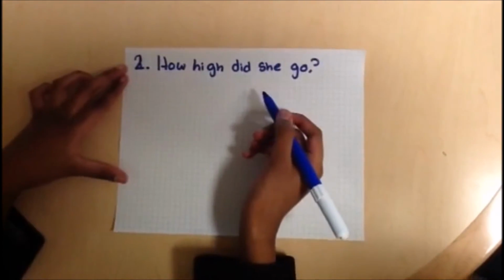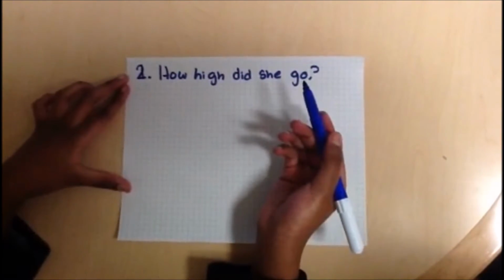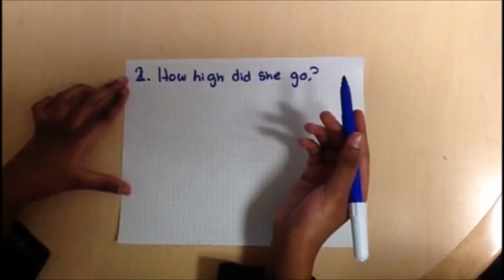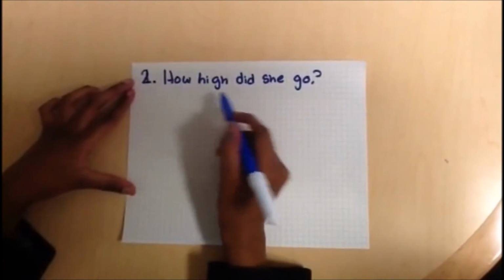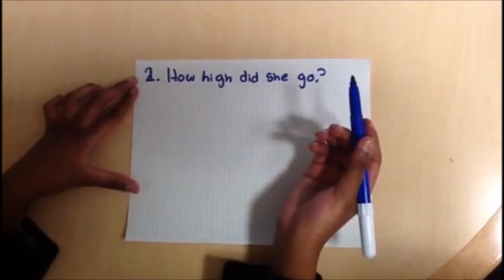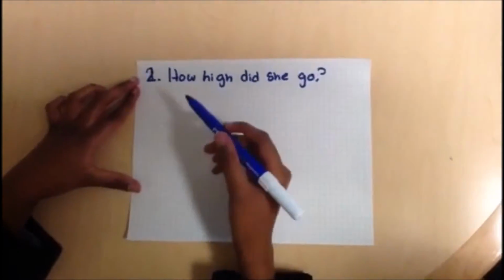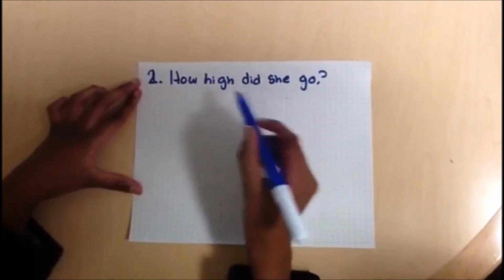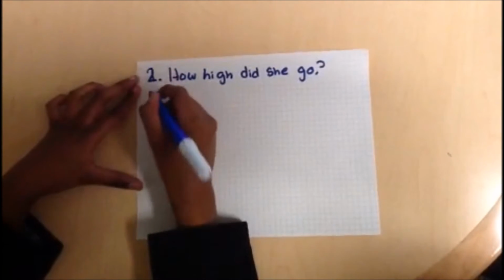The next question asks, how high did she go? So we're going to use the same value that we used earlier, which told us that she was in the air for 1.43 seconds. The highest point is usually on the maximum value, and since the x value that we found earlier is the point at which it goes the highest, we can plug that value into our equation to find the maximum y value.